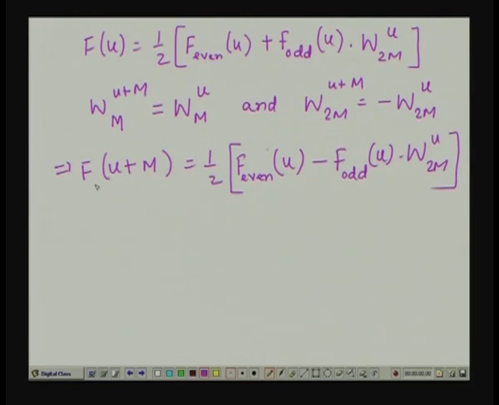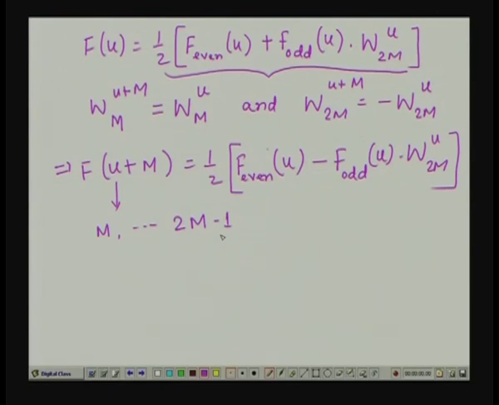So, here again u varies from 0 to M minus 1, that means this gives us the coefficients from M to 2M minus 1. So, I get back all the coefficients. The first part gives us the coefficients from 0 to M minus 1, and this half gives us the coefficients from capital M to 2M minus 1.